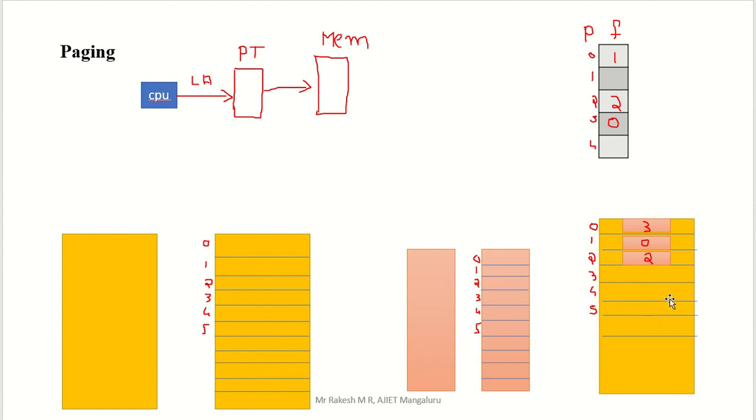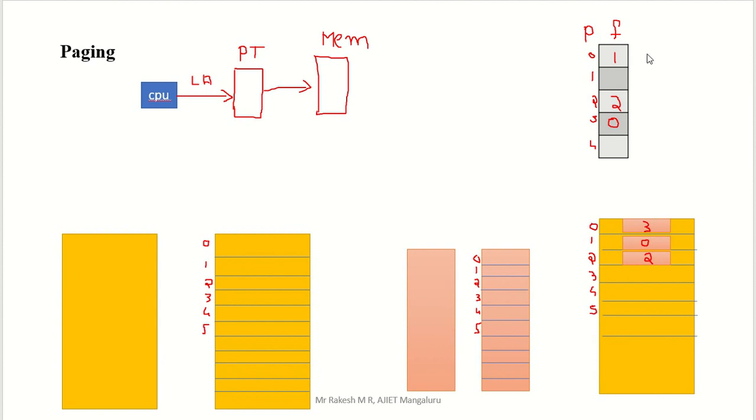Now, which page is loaded in which frame, how do we remember that? You can see here, page number 3 I loaded in frame number 0. How do we find out which page is in which frame? For that purpose I have another table, called the page table.